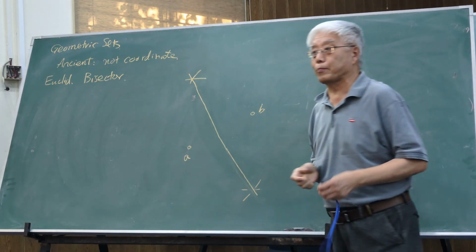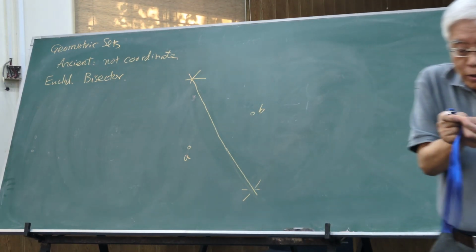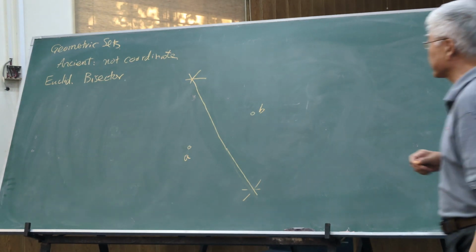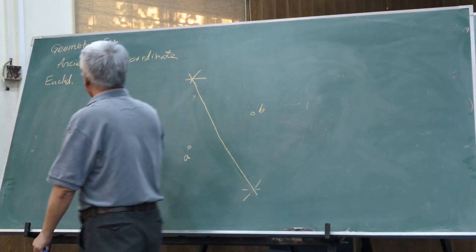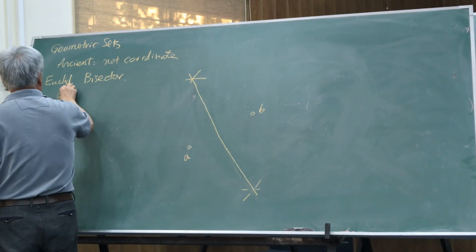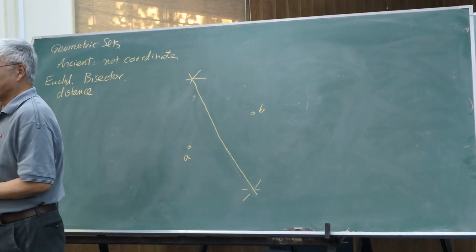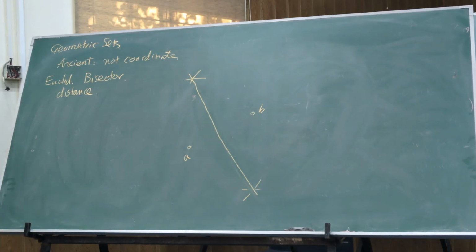So this straight line has a property that at every point of the straight line, the distance to A is equal to the distance to B. You have to notice that in here we have no coordinate system. We only have distance, and distance is enough for this. But in order to define it, now we can define it in a metric space.